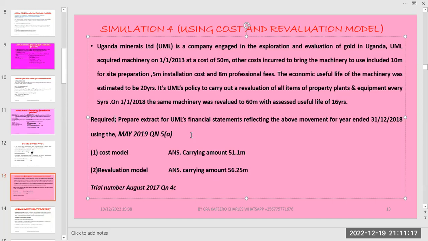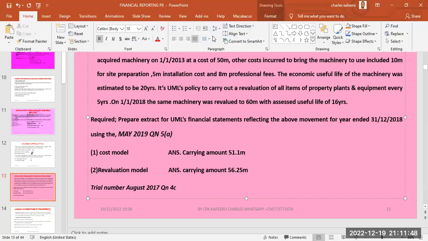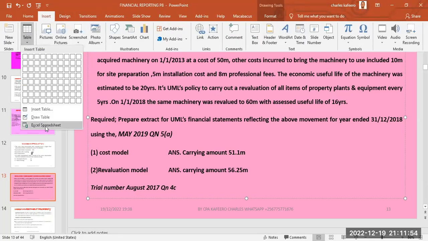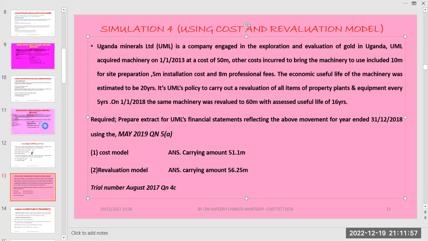Having known that these are depreciable assets, in your mind you start understanding what deductions are going to be charged to a depreciable asset. They have given us the useful life, and that's basically the information we have. We can try to go to Excel and see how we can interpret what we have got and solve the question.